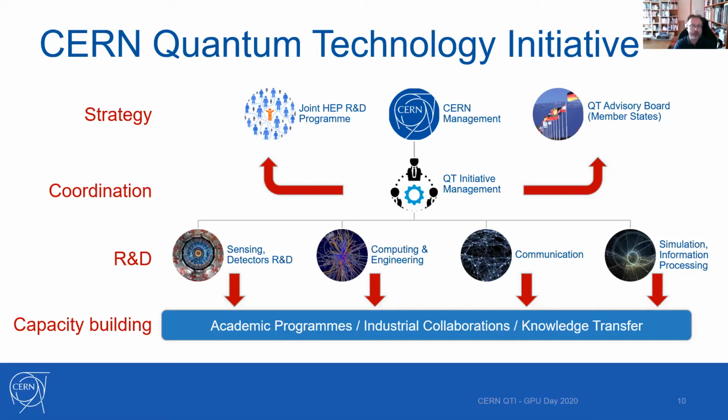But we thought it was time to understand how CERN and the HEP community that looks at CERN as a reference could invest a bit more effort, a bit more time into these activities and create a broader program of investigation.